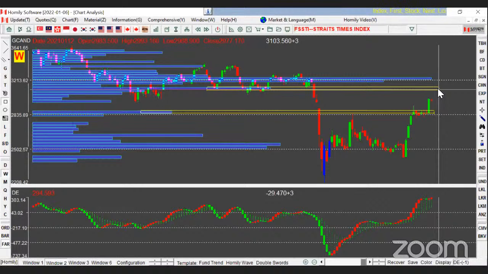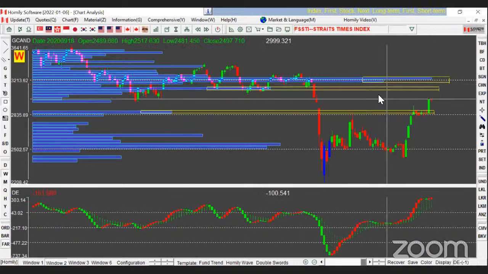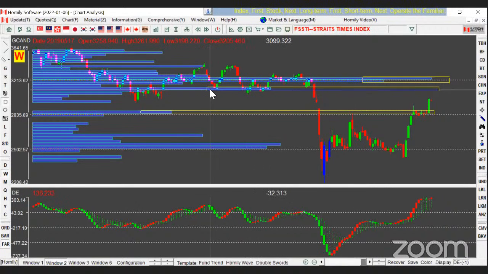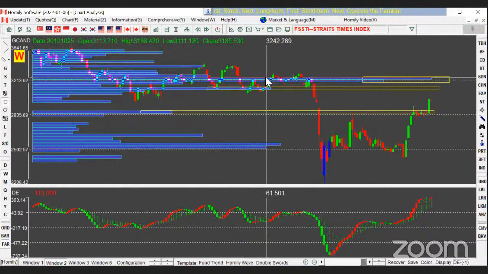But this is not the strongest. The strongest resistance is above, around this range, right? These two ranges are very close to each other, right? This would be the resistance area here, from the top of this longest blue bar and the bottom of this relatively long blue bar here, 3,100 and 3,230 something.